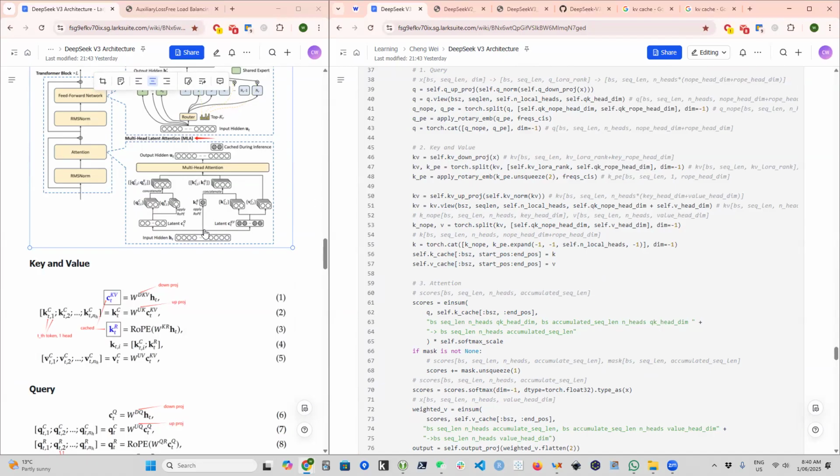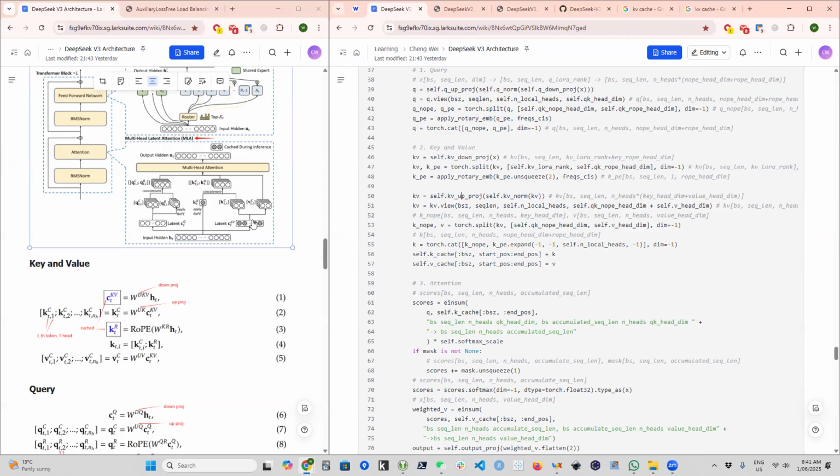Some part goes here, some part goes here, so we split. Then the key position encoding goes through rotary position embedding, right? Then for the KV part, we do the up projection.